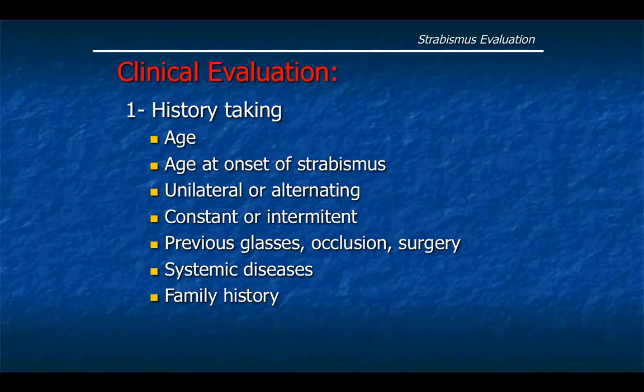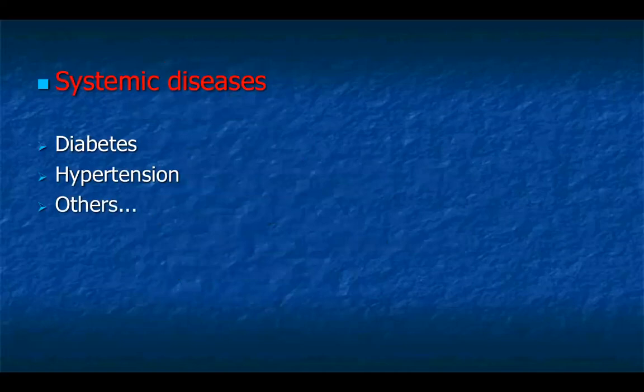If the patient wore glasses before, performed occlusion therapy for amblyopia, where we cover the normal eye to improve vision in the abnormal or amblyopic eye, or if the patient had previous extraocular muscle surgery. We ask for systemic diseases, and this is very important, and for family history of strabismus. For systemic diseases, we ask for diabetes and hypertension, or any other disease the patient may have.